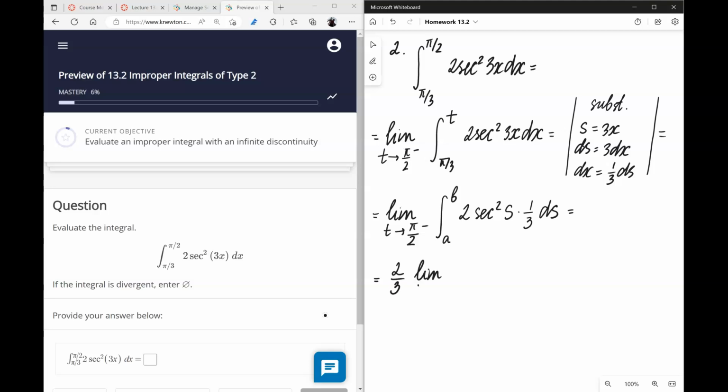We can take it outside of the integral and the limit, and the antiderivative of secant squared, I believe it's tangent s, but s is 3x, so we can just write tangent 3x. And since we already went back to the original variable, we can put the limits of integration from pi over 3 to t.